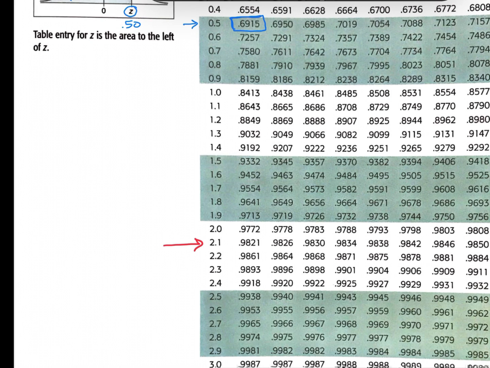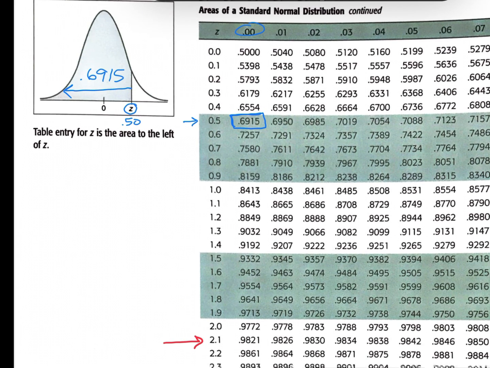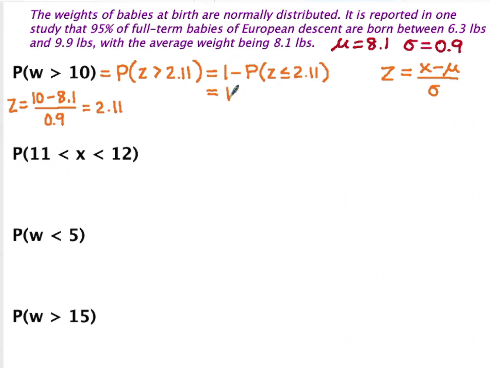Here is 2.1, and 2.11 is right below this. So that's lining up at 0.9826. So we're talking a 1.74% chance that you're going to have a baby that weighs more than 10 pounds.